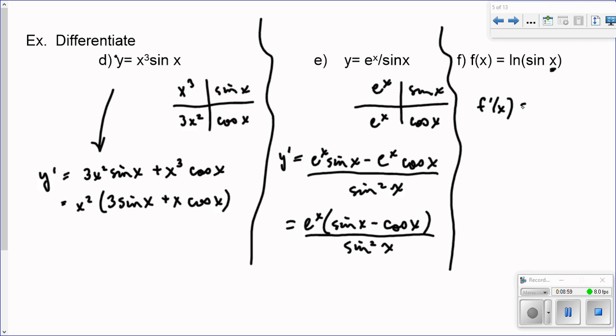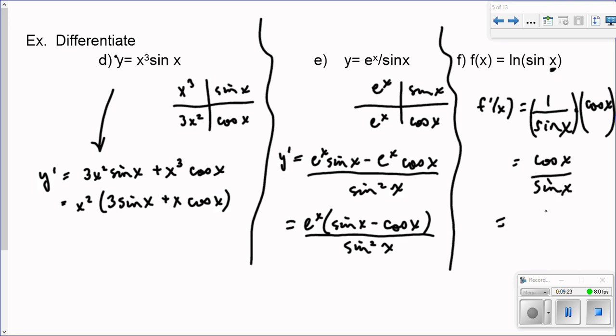So I take the derivative of ln, and the derivative of ln is 1 over my composite function, and then I take the derivative of sine x, and the derivative of sine x we know is cos x. So I multiply these two together. So cos x multiplied by 1 over sine x is cos x over sine x, and I think you might remember that cos x over sine x is cotan x.